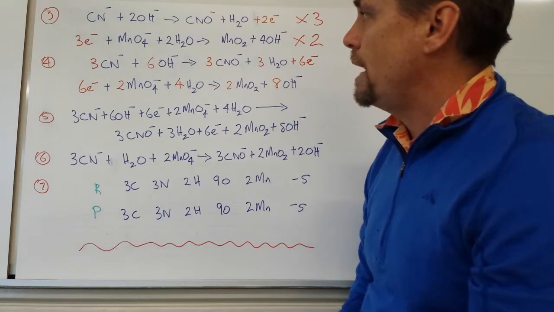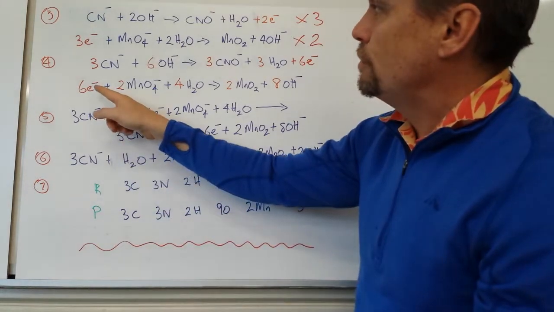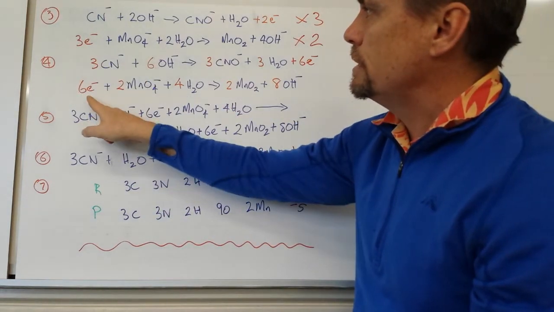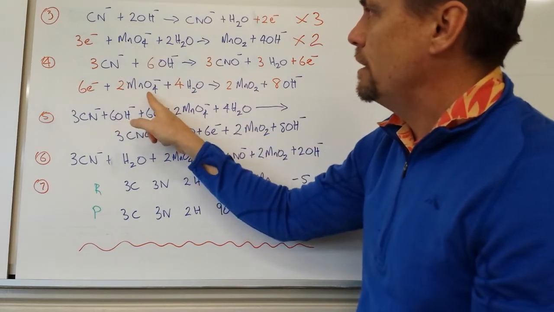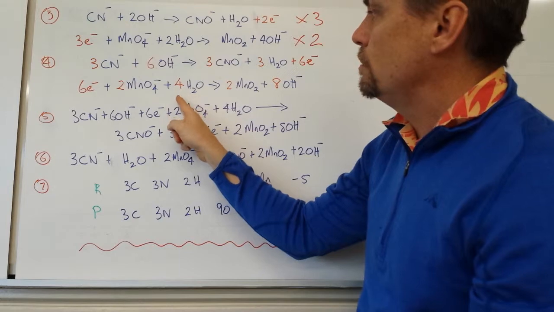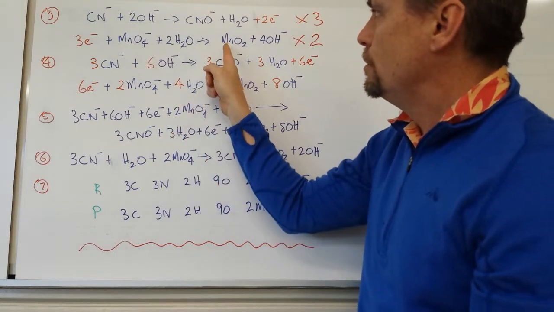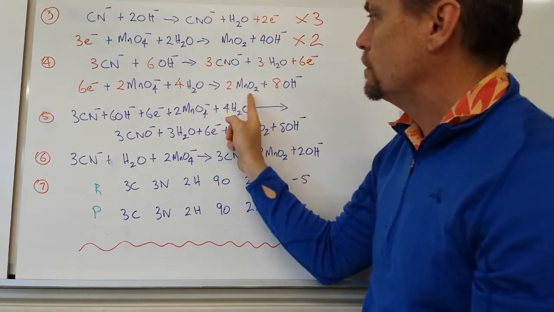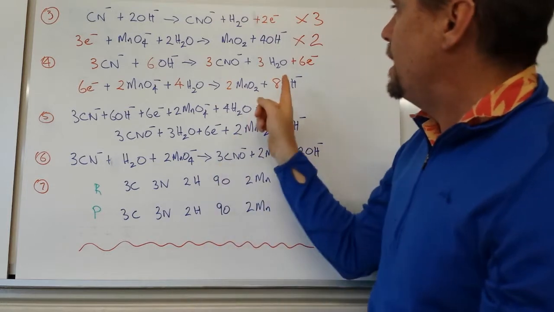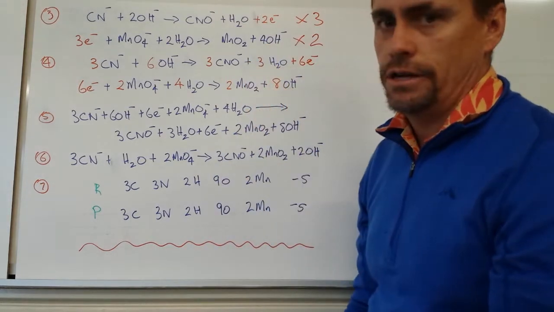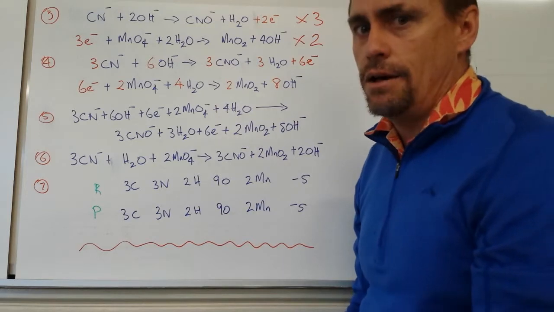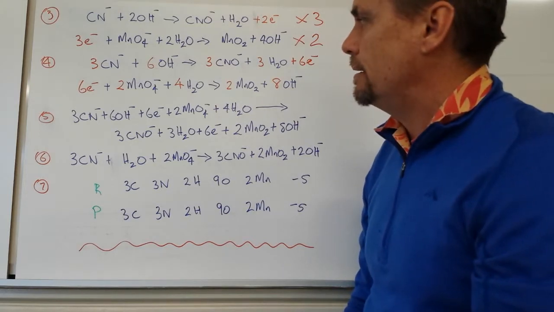And our second half reaction, we'll get 2 times the 3 electrons to give us 6 electrons, 2 times the permanganate ion to give us 2 permanganate ions, 2 times the water molecules to give us 4 water molecules, 2 times the manganese dioxide to give us 2 manganese dioxide, and 2 times 4 hydroxide ions to give us 8 hydroxide ions.